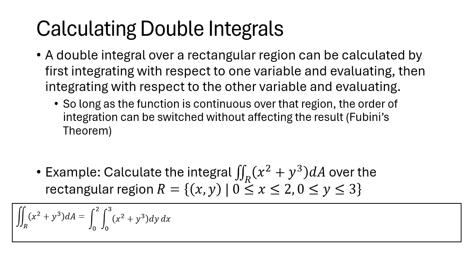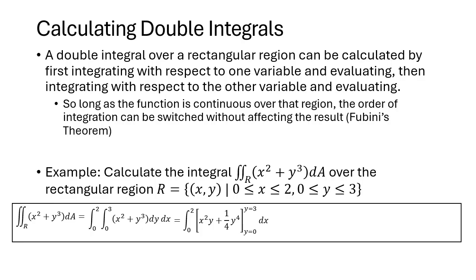The next step is we're going to take an antiderivative with what's the variable that's inside. So we've got dy inside. So we take an antiderivative with respect to y. And so the antiderivative of x squared with respect to y is x squared y. The antiderivative of y to the third is 1/4 y to the fourth.